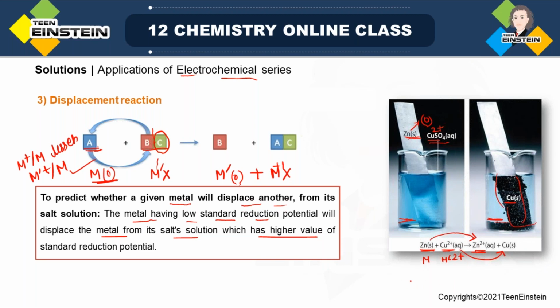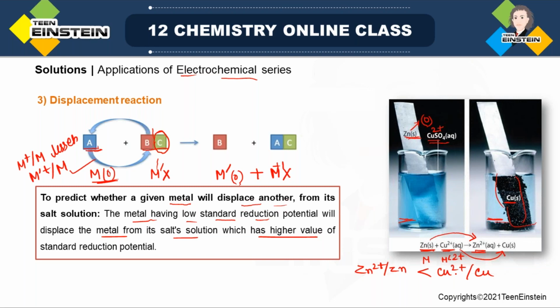So this reaction is actually possible because the Zn2 plus Zn system has a lesser standard reduction potential value compared to the other system, Cu2 plus Cu. As this is lesser, this reaction is possible.